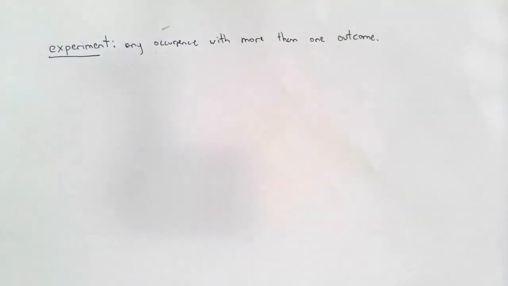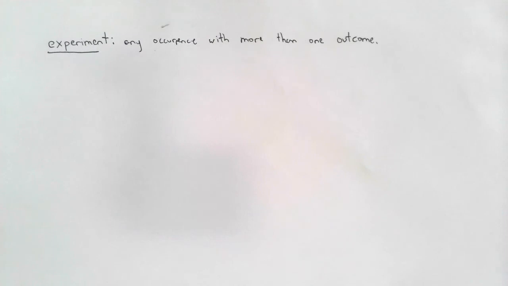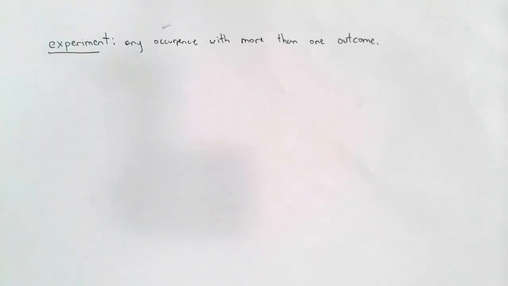Okay, so anything that can have more than one outcome is what we call an experiment. An experiment can be as simple as rolling a die. It can be as complex as, I don't know, studying the structural dynamics of a space ship. It can be as simple or as complex as you want. So anything where there's more than one outcome, we in this class are going to call an experiment.